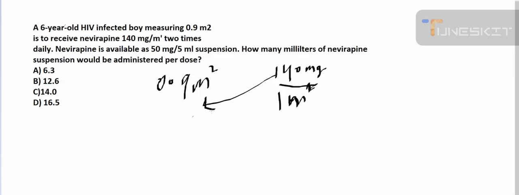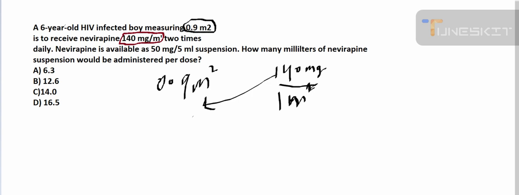Okay, we have another calculation. A 6-year-old HIV infected boy measuring 0.9 meter square. The body surface area of the child is 0.9 meter square. To receive nevirapine 140 mg per meter square. So the nevirapine dose is for 1 complete meter square. This is not a complete meter square.